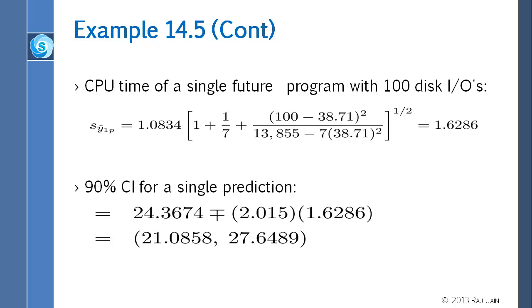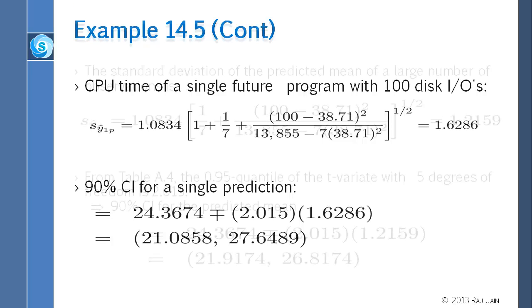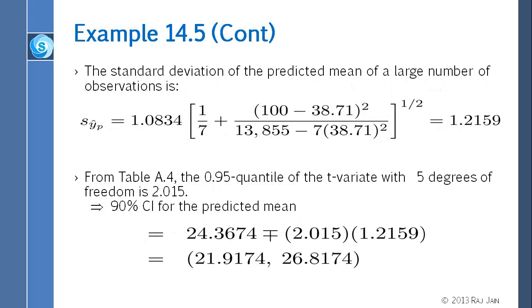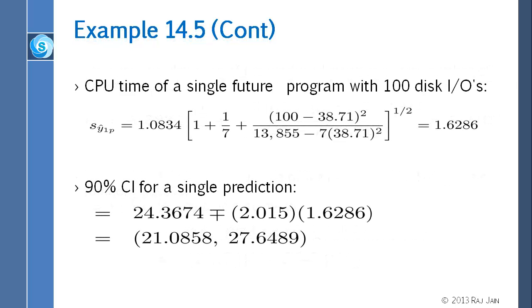Now, if you were predicting just one observation, a single observation, then you have to put 1 upon m, which in this case was 1 upon 1, and your confidence interval goes from 21 to 27. Let's see, it was 21.9, so almost 22 to 27, and now it is 21, which is 1 less, and it is 27.6 on the other side.